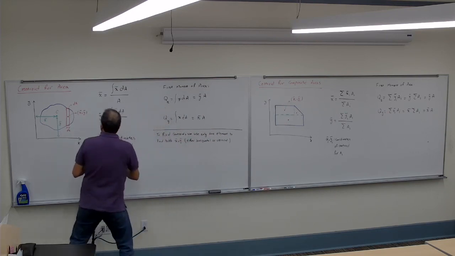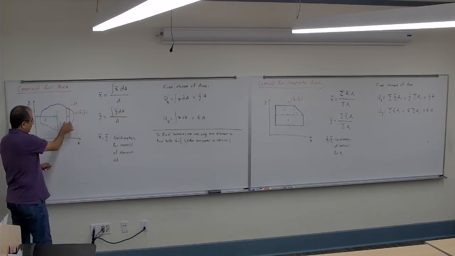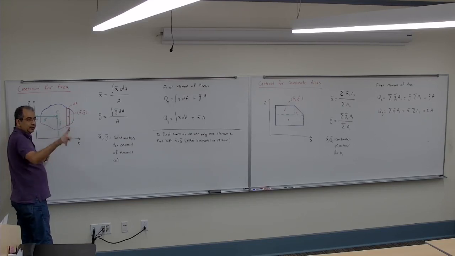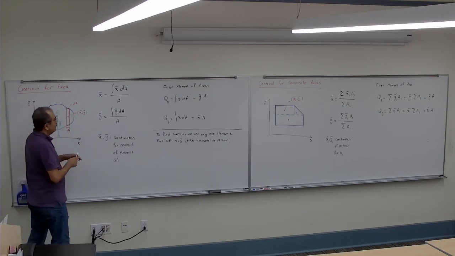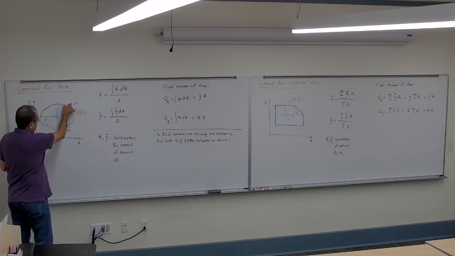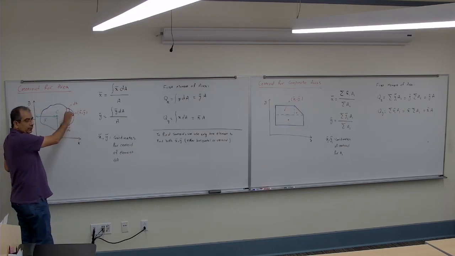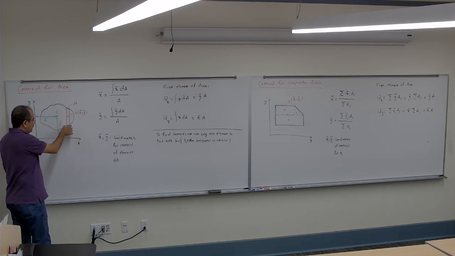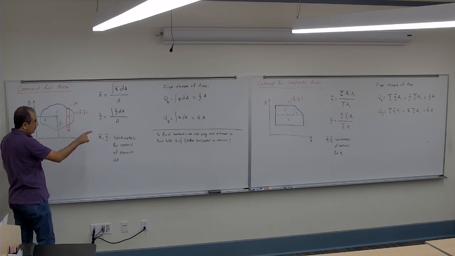So I only get either the vertical element and calculate both X bar and Y bar from that, or I get one horizontal element and calculate both. So I'm not going to get one for the X bar and one for the Y bar. You got that? I just use one element. Depending on the shape, maybe it's easier to get it vertically or horizontally. But whatever you get, assume here I draw it vertically, I get one vertical element and use it for both of them.